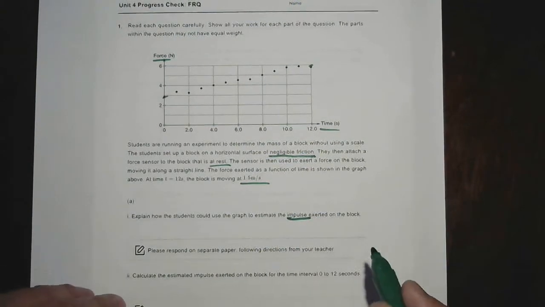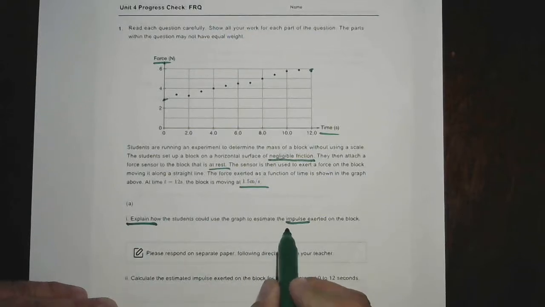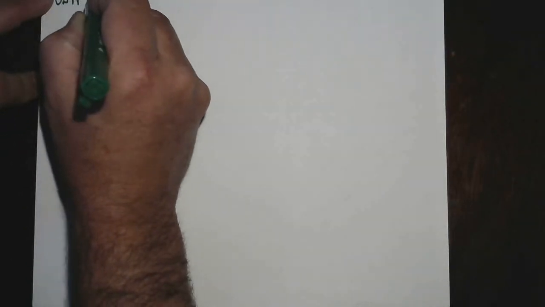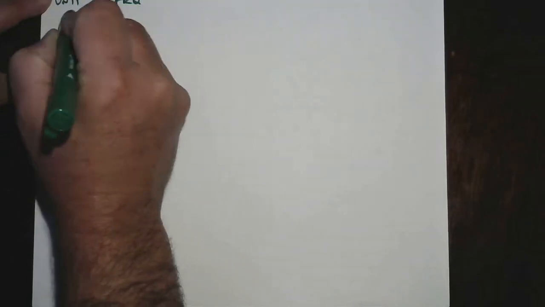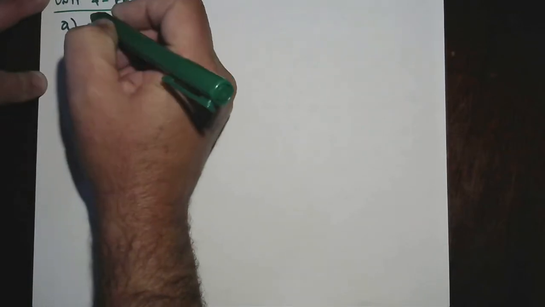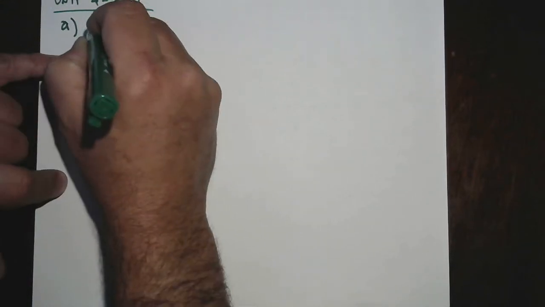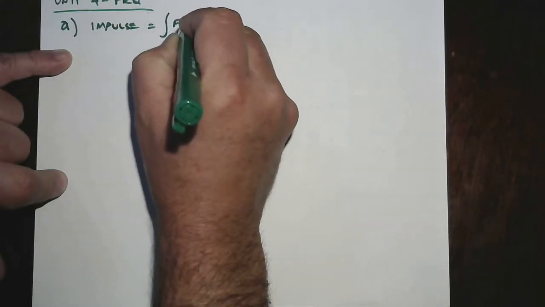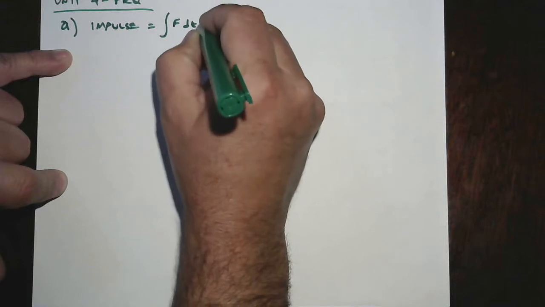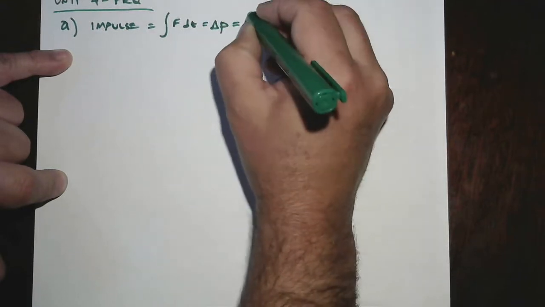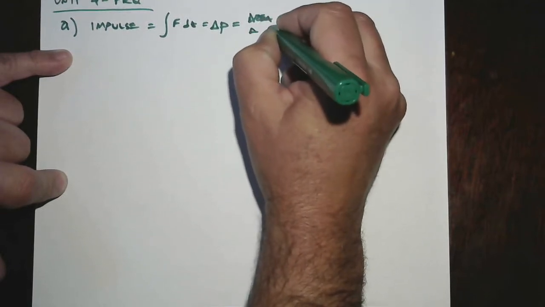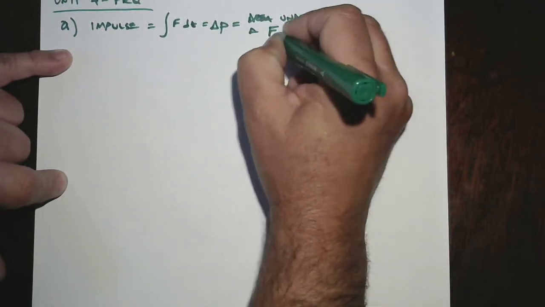All right, we're going to explain about impulse. So what we're going to do here is get our Unit 4 free response question, part A. Impulse is equal to the integral of the force over the time. It also is equal to a change in momentum, but more importantly, it's the area under an F versus t graph.